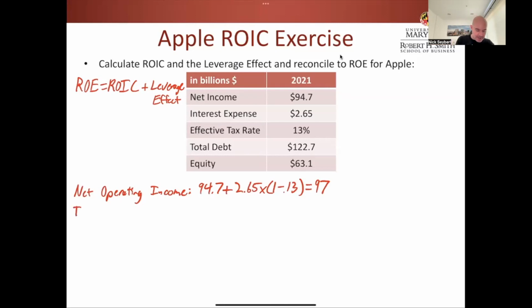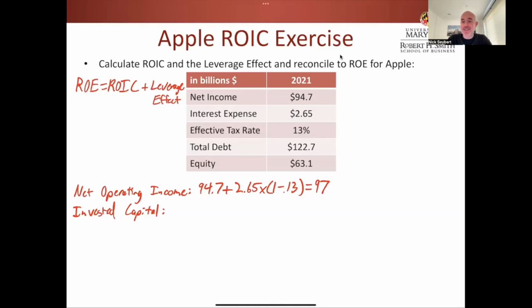So the next thing we need is to figure out what the invested capital is. Again, some accounting textbooks or classes will calculate invested capital by starting with total assets and then subtracting all the operating liabilities like accounts payable, taxes payable, rent payable. I do not advise doing that.